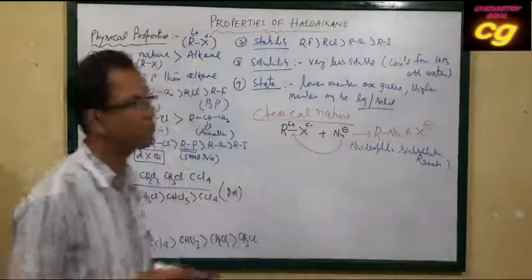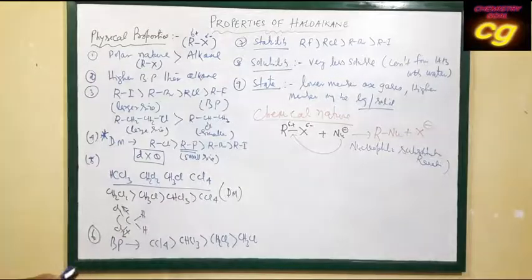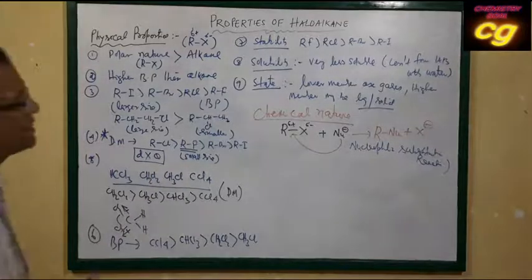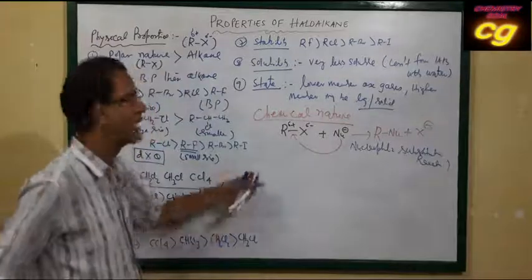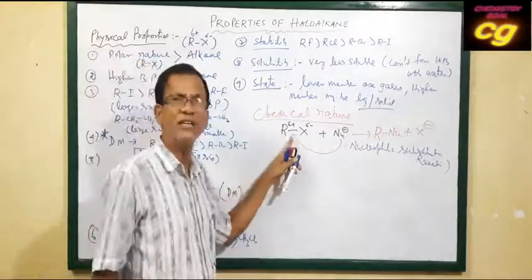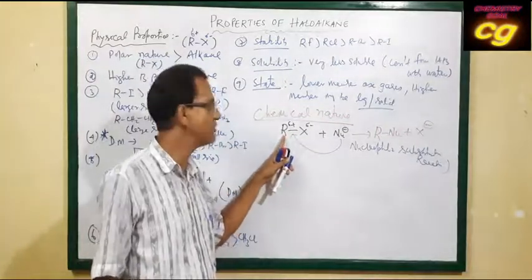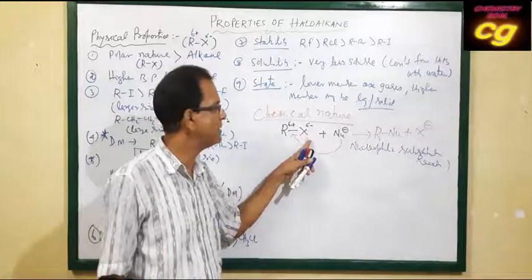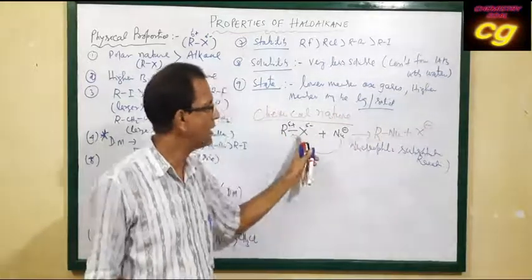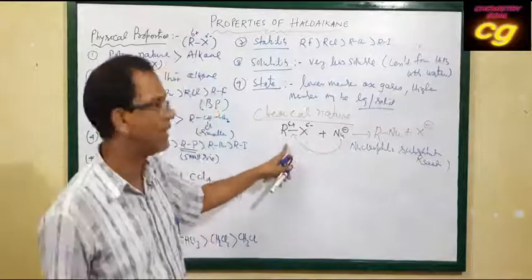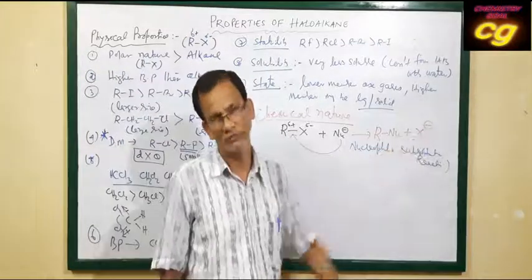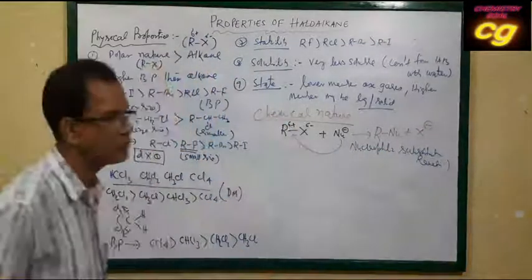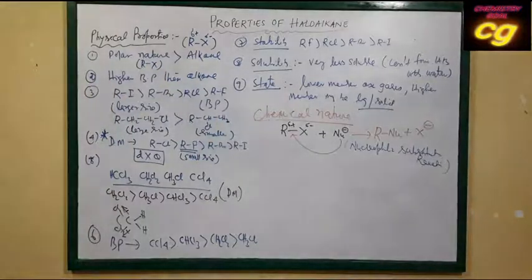So haloalkane shows nucleophilic substitution reaction because, due to the polar nature of the carbon-X bond, carbon carries partial positive and X carries partial negative. That's why the bond is polar, and it is easily attacked by a nucleophile. So it will be easily substituted. That's why haloalkane shows nucleophilic substitution reaction.